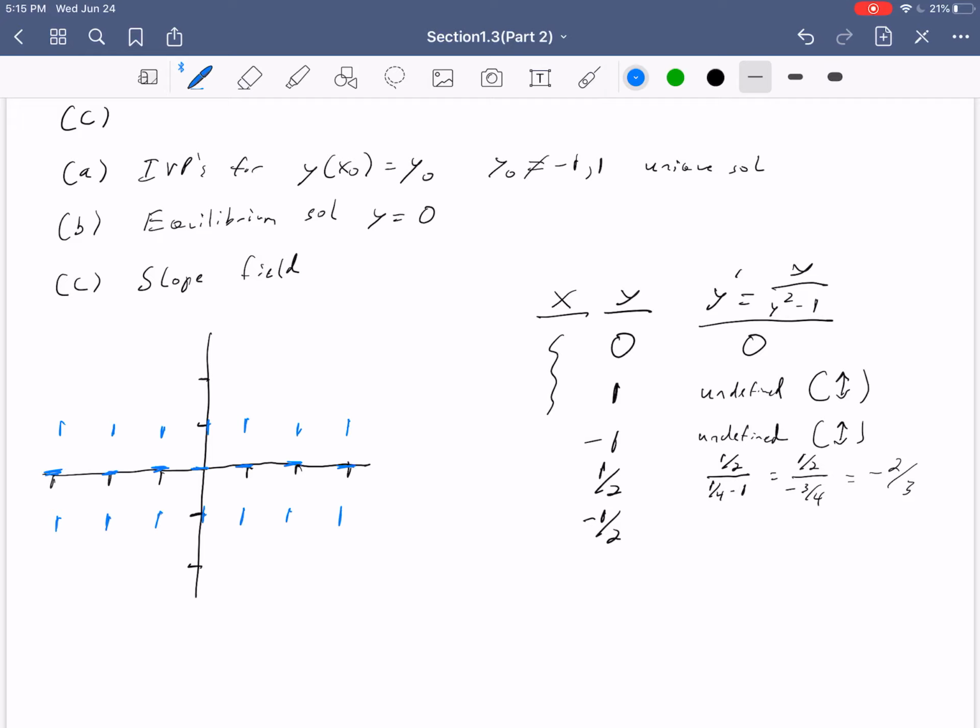So in here, we're getting pieces that are sort of downward. And if we did -1/2, we'd get -1/2 over 1/4 minus 1, which would be -1/2 over -3/4, which would be +2/3. So in here we have positive slopes.